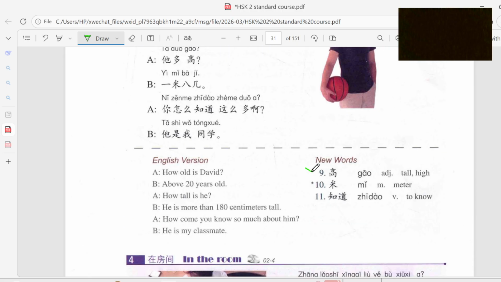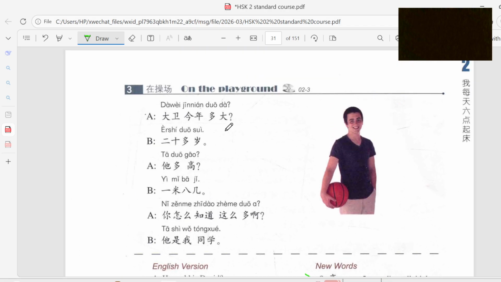Alright, 高 is an adjective that means tall or high. 米 sounds like meters, right? Yes, it means meters. This 米 can also mean grain or rice. 知道 means to know. 我知道, I know. Now you have some interesting new words here.